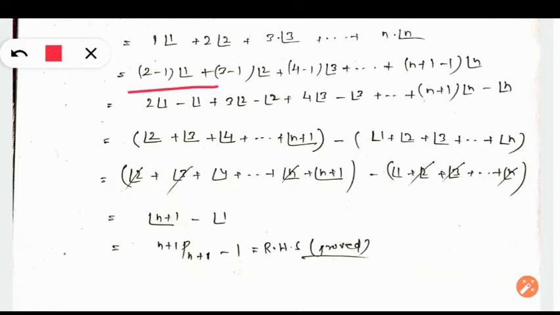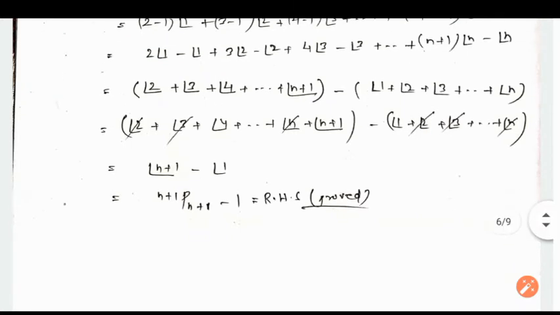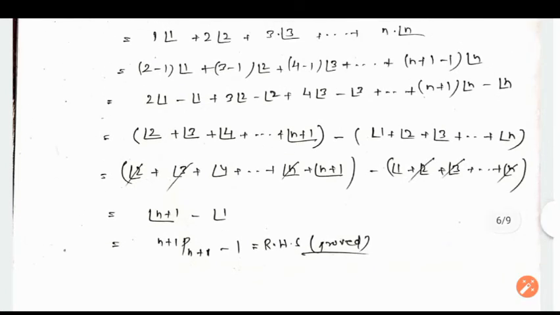I have multiplied 1 factorial with 2 minus 1. So what will I get? I got 2 into 1 factorial minus 1 factorial, 3 into 2 factorial minus 2 factorial, 4 into 3 factorial minus 3 factorial, n plus 1 into n factorial minus n factorial, right? Now I have separated this one.